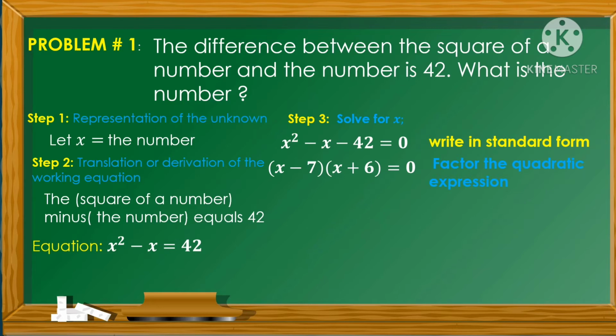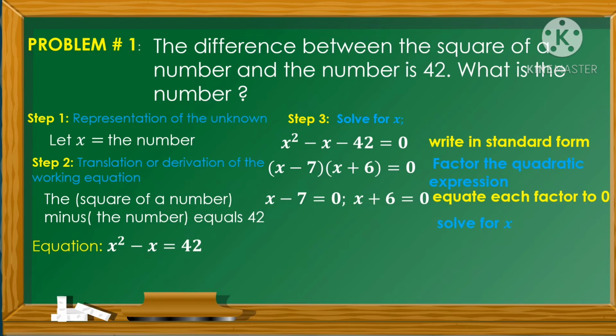So after getting the factors, you have to equate each factor to 0. So you have x minus 7 equals 0 and x plus 6 is equal to 0. Then you have to solve for x.